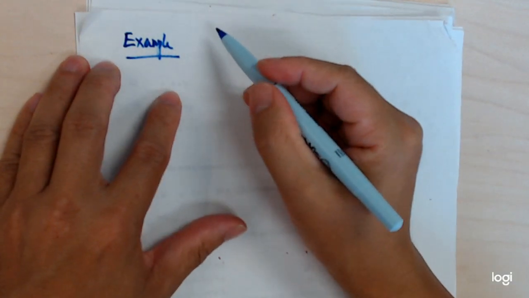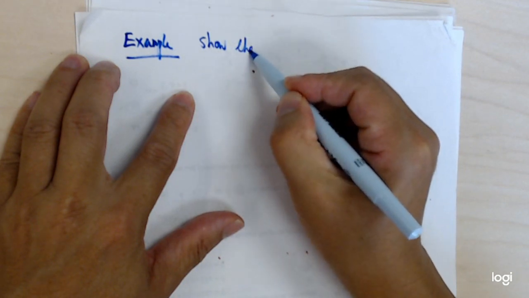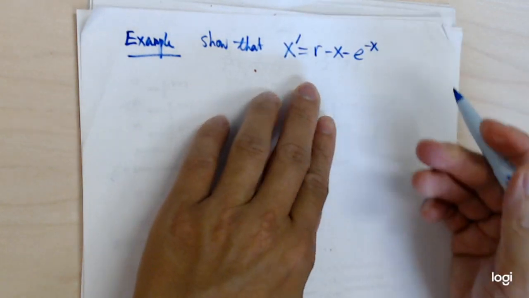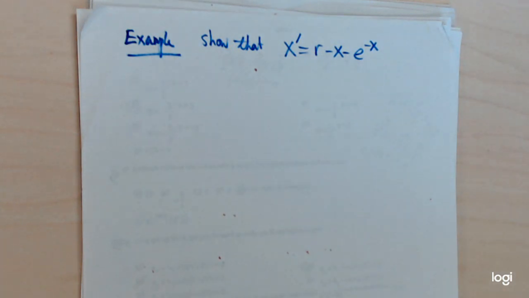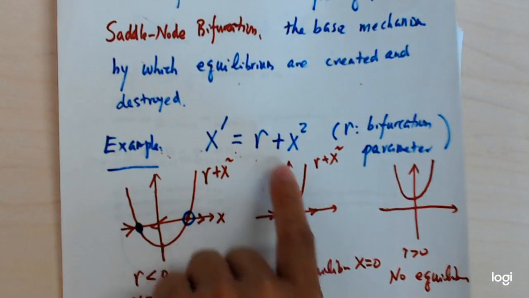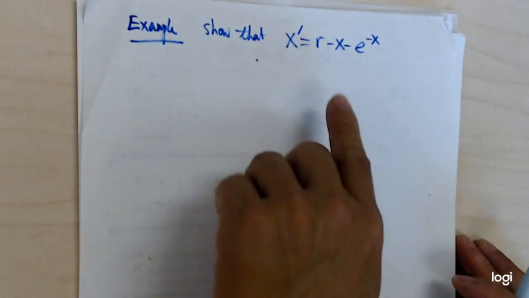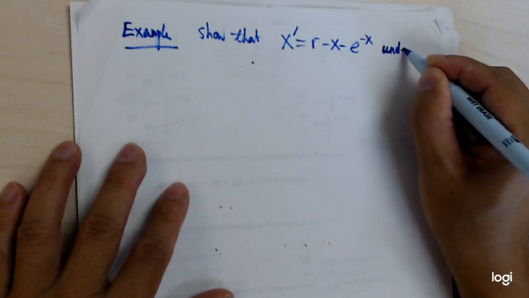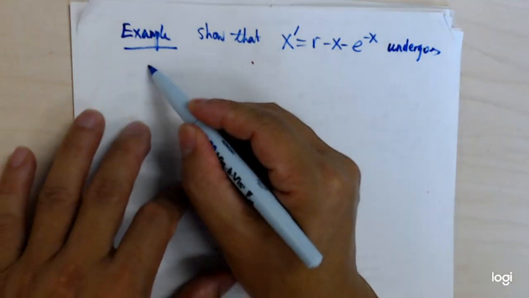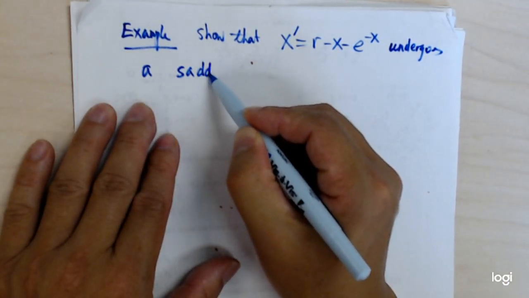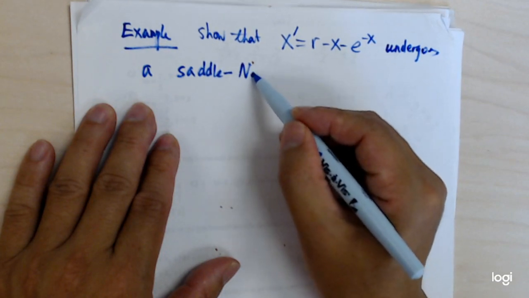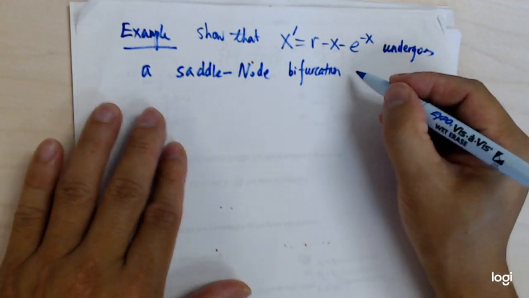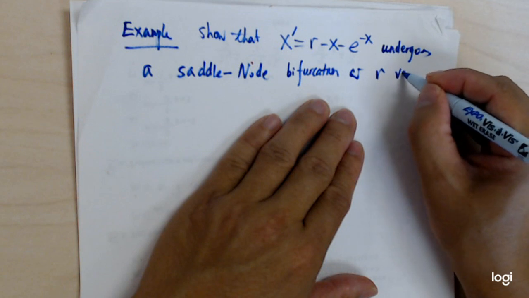A simple example to show this problem. Notice it looks different from the prototype problem, but there is still just one parameter R. Show that this guy undergoes saddle node bifurcation as R varies.